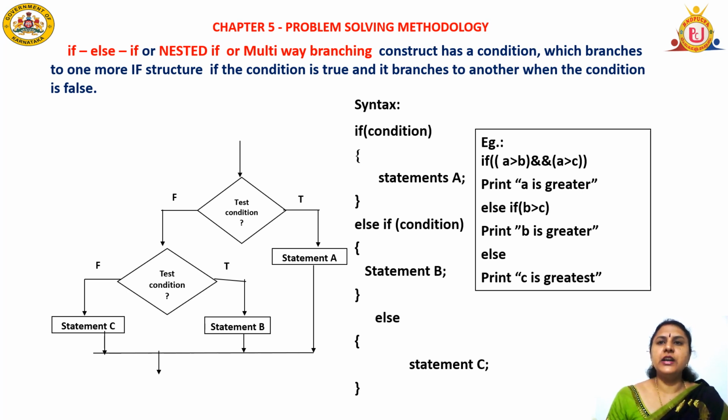Suppose the first condition is false. Maybe A is not greater than B or A is not greater than C. So in the first brackets it is B that is greater. So I am comparing in the second condition B greater than C. If true, print B is greatest. Else print C is greatest.